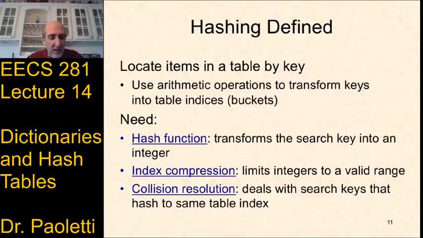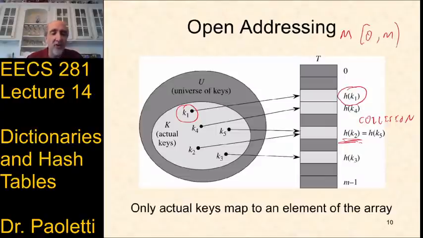We need the transformation of the key into an integer, but then we have to limit that integer so that it fits within the table. So if, in this previous example, I transform Lucy Lou into 237,053,005, that doesn't fit in the table.